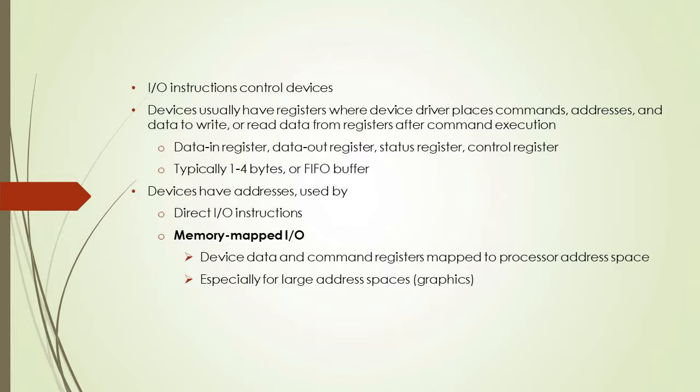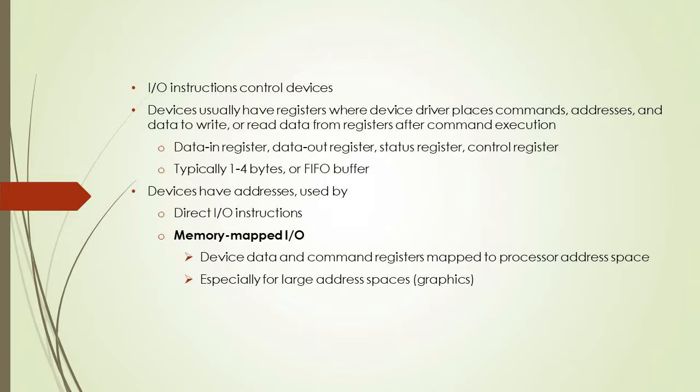I/O interaction controls the device. A device usually has registers where the device driver places commands, addresses, and data to write, or reads data from the register after command execution: data-in register, data-out register, status register, control register.